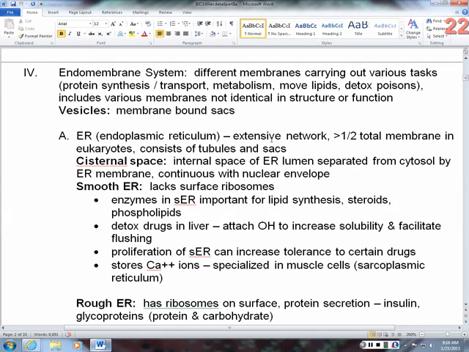Your body tries to handle that toxin, so as your liver gets more efficient at dealing with it, it makes more smooth ER, and then it needs higher amounts of that drug to achieve the same effect. It also stores calcium ions, specialized in muscle cells. We call it the sarcoplasmic reticulum in muscle cells, and it stores the calcium you need to contract.